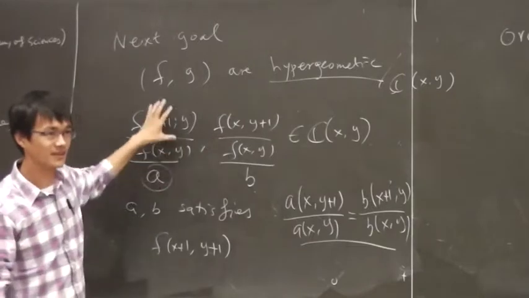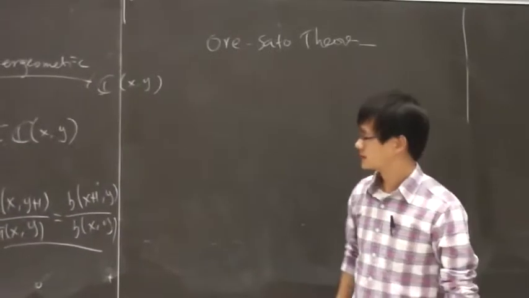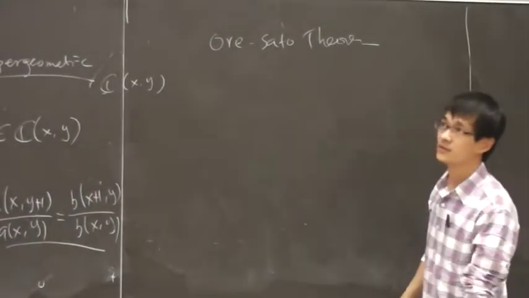The gamma function is hypergeometric. That's the corollary of Ore-Sato.